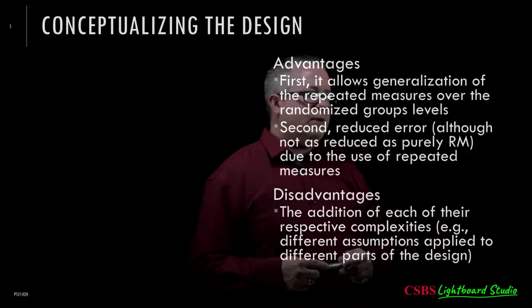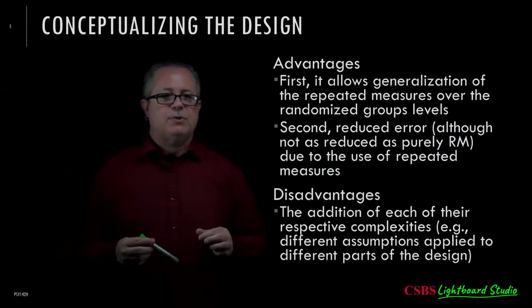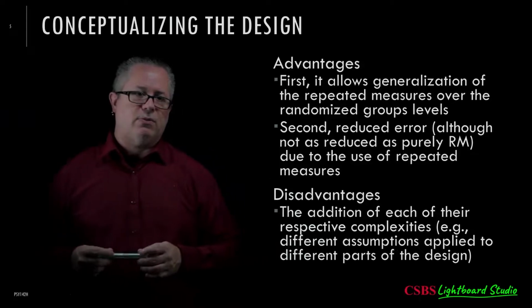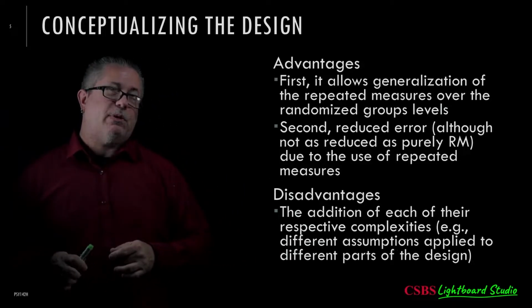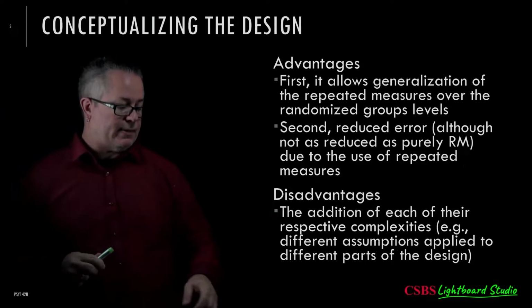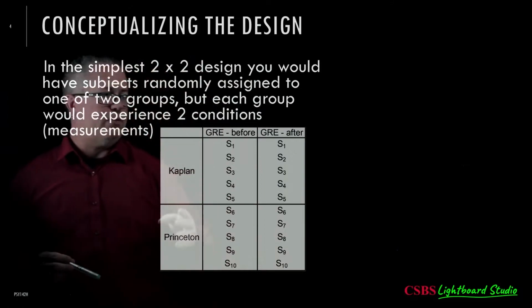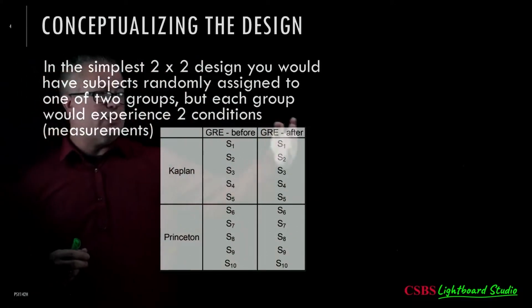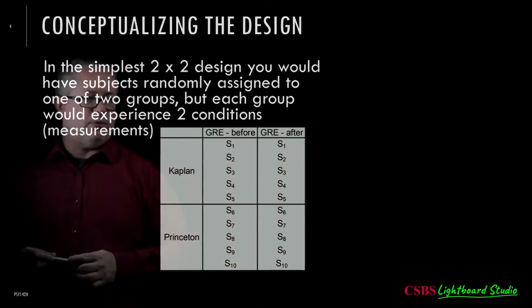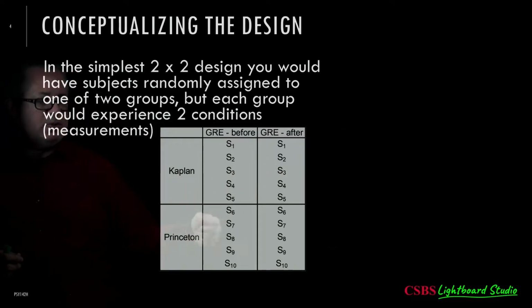The advantage here is first, it allows generalization of the repeated measures over the randomized groups levels. What does that mean? If you find an effect where there's no interaction at all, everyone does better after than before, then you can generalize that the effect that Kaplan has on GRE test scores is the same as Princeton.